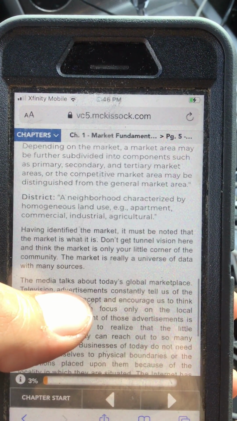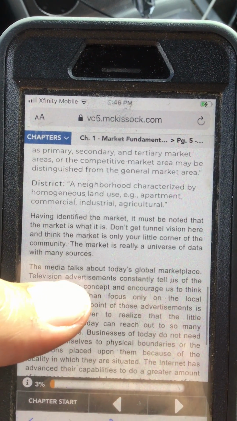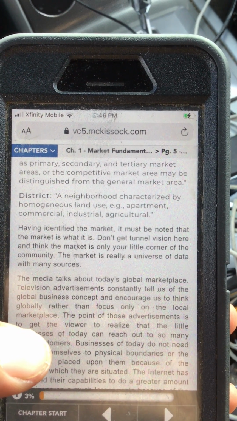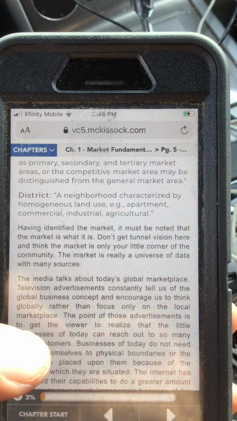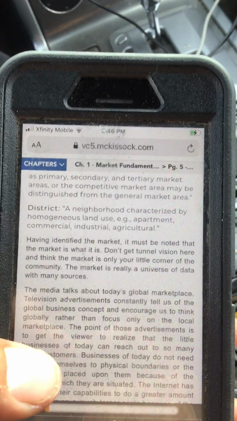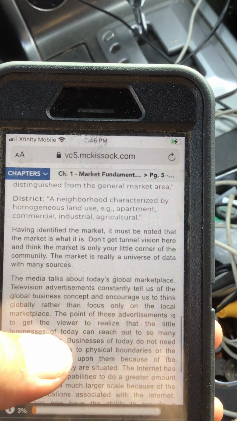Depending on the market, a market area may be further subdivided into components such as primary, secondary, and tertiary market areas, or the competitive market area may be distinguished from the general market area.